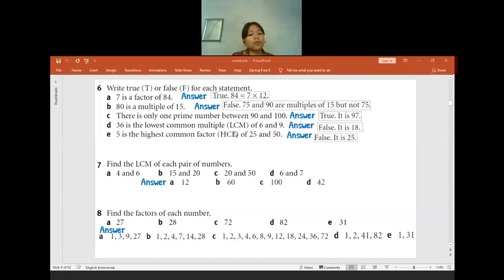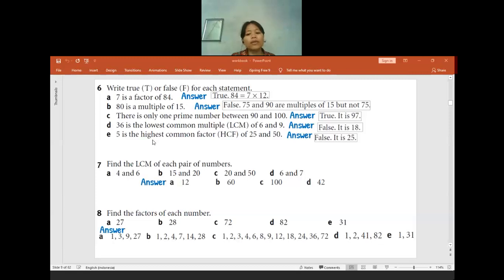The answer is false, because there is another number that is higher than 5 and also a factor of 25 and also 50. The answer is 25, because 25 can be divided by 25, and 50 can be divided by 25. So 5 is only a common factor of 25 and 50, but 5 is not the highest common factor of 25 and 50.